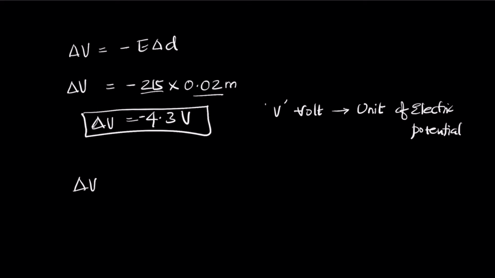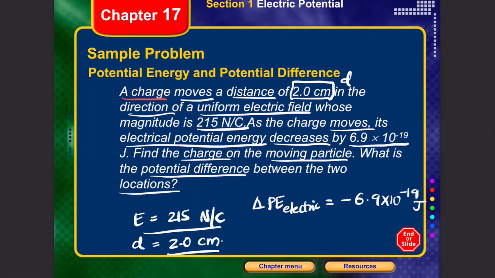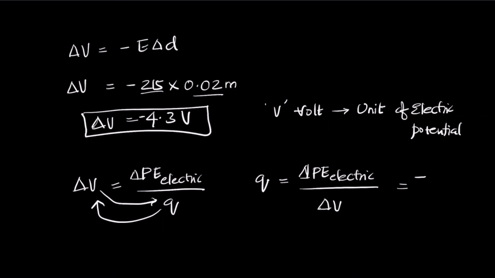But we also know that delta V is delta potential energy electric by Q. We want to find Q here. So Q goes here, delta V comes here. You get delta potential energy electric over delta V. Delta potential energy electric is minus 6.9 times 10 to the power negative 19, over delta V here, which is minus 4.3.